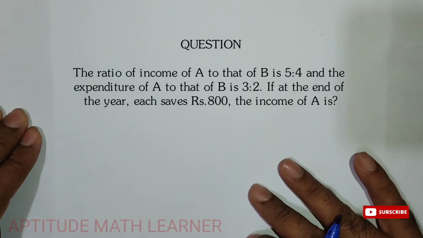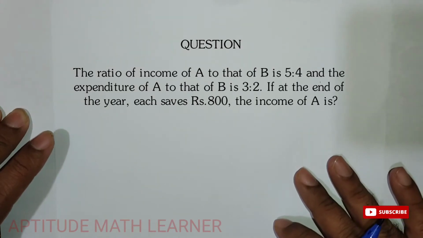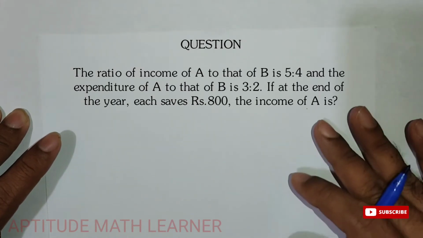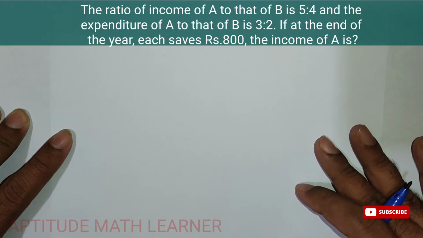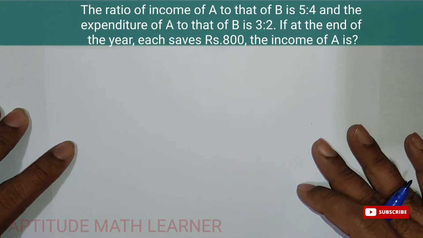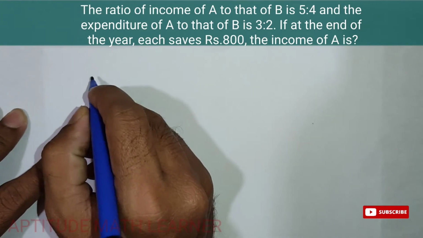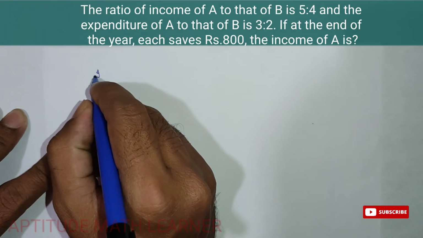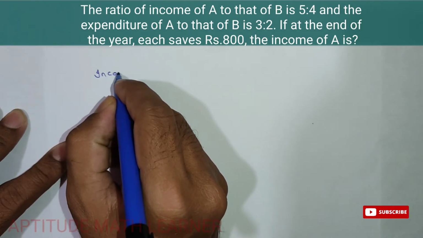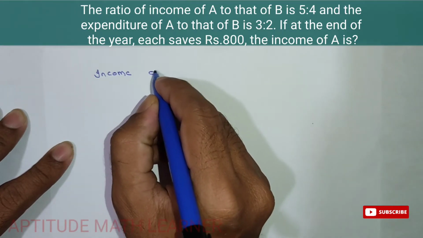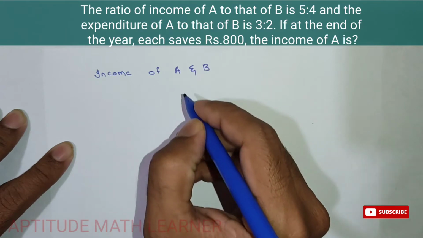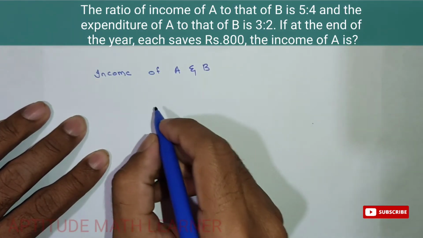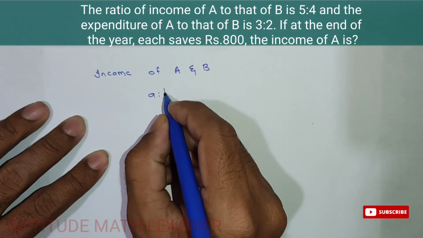So guys, let's start with the solution. We are having the income of A and B, that is A:B.